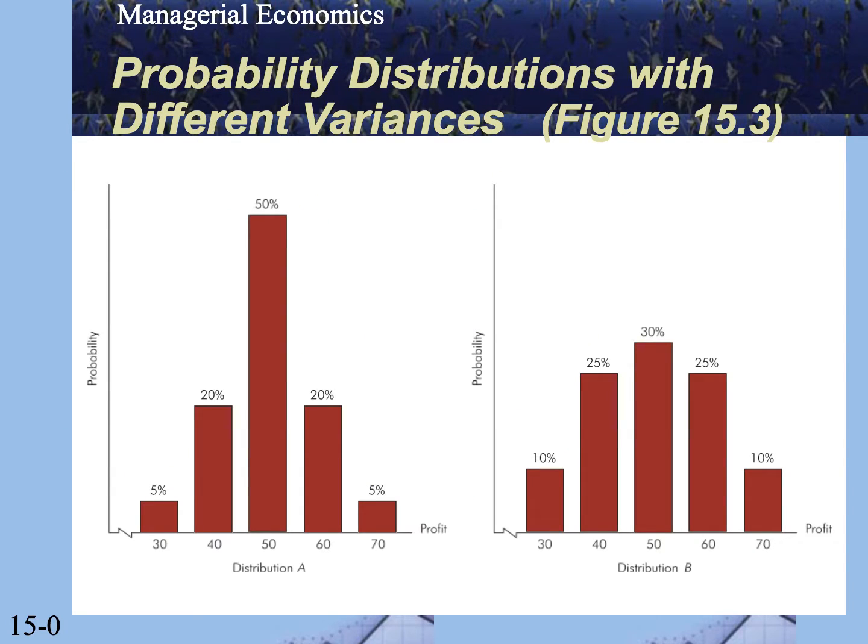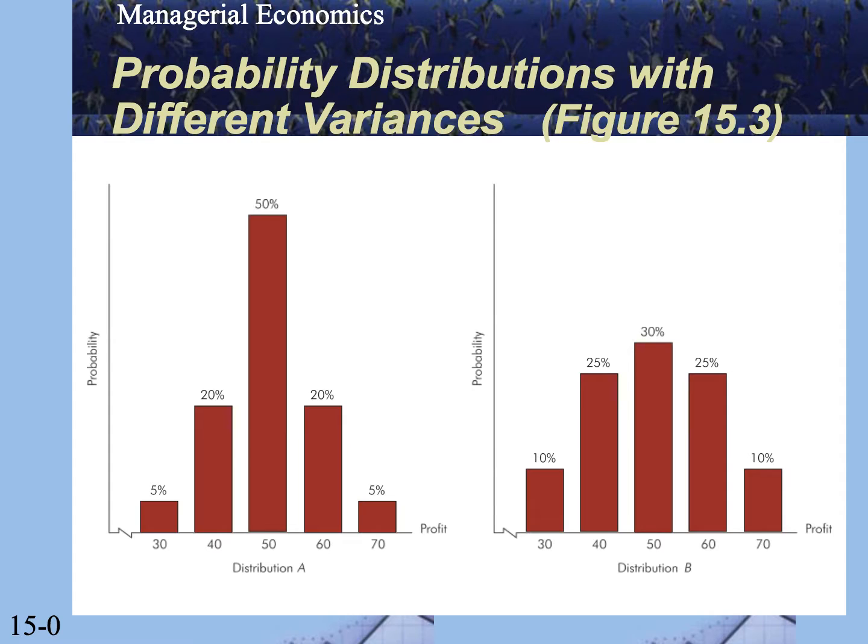In this picture, we can see two graphs of two different probability distributions with different variances. In the first graph, distribution A, we have a 15% probability of a profit of 50, and only a 5% probability of a profit of 30 and 70.